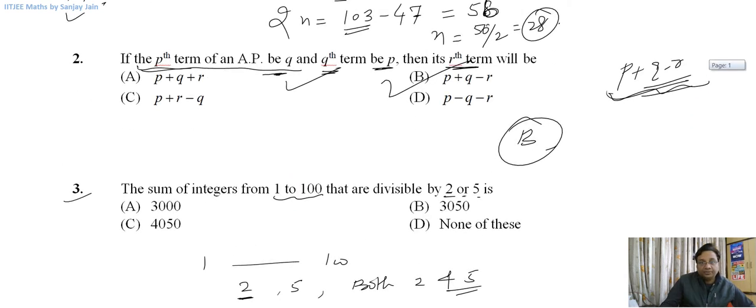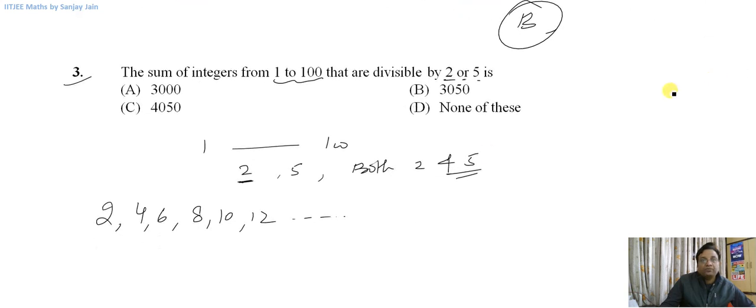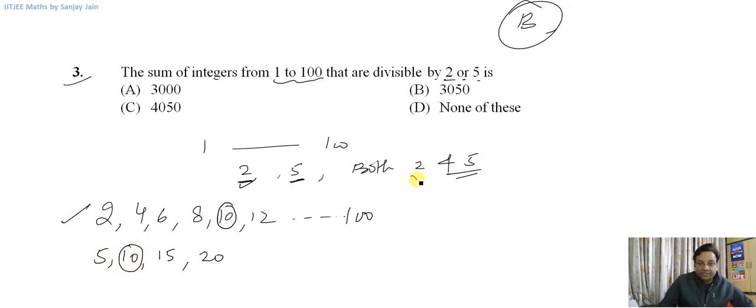I need to find the numbers from 1 to 100. So 100 will also be a number that is divisible by 2. Now if I write the numbers divisible by 5, these will be like this: 5, 10, 15, 20. So you see that 10 is here in these numbers and in these numbers also. So the numbers that are divisible by 2 and 5 both will be common to these, right?